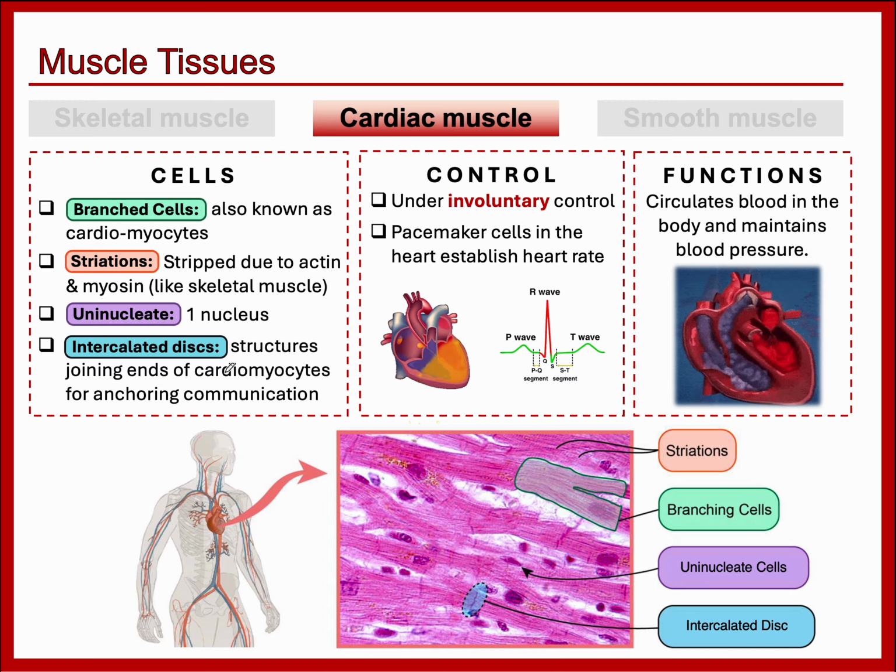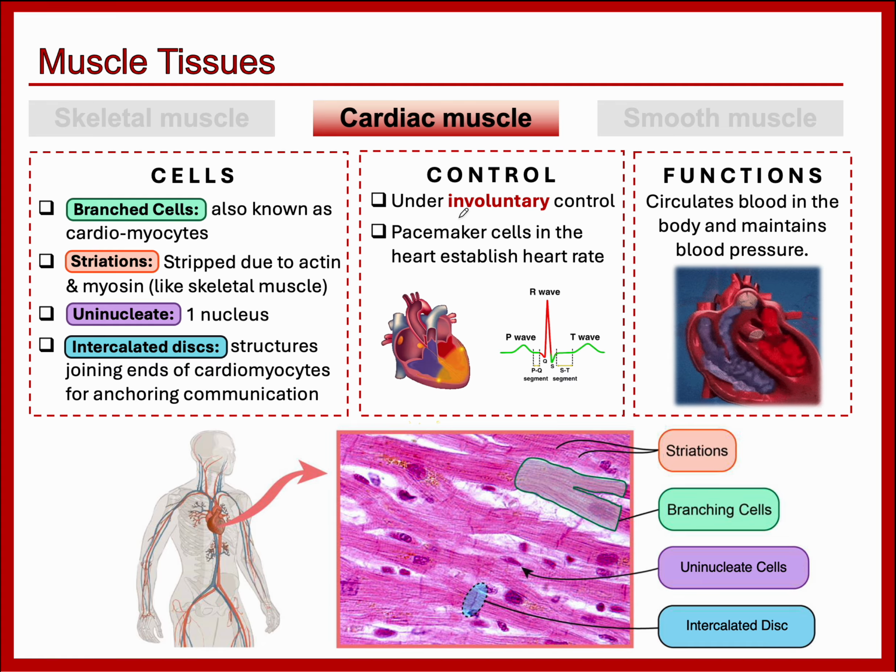These are structures that join the ends of one cardiac cell and the next one, right? You see here and here, this is the junction between the two. These intercalated discs, inter means between, right? These are for anchoring the cells together and communicating. We'll see that in a second.